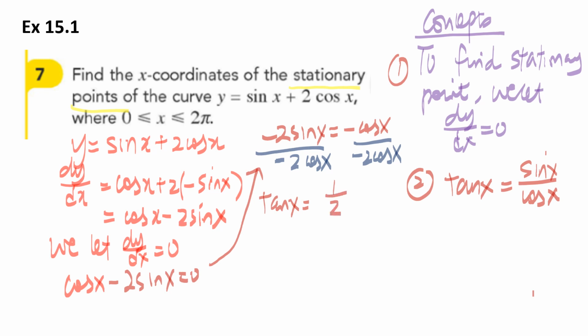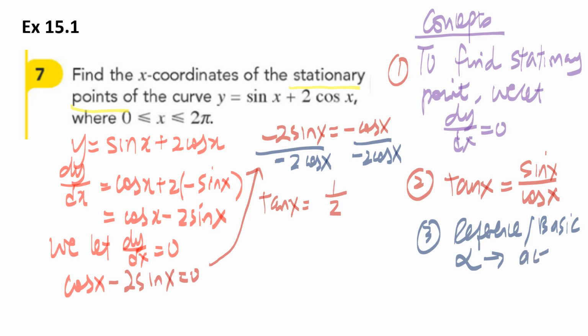Okay, so for solving trigo equations, we need to find this thing called the reference angle. In some textbooks, they call it the basic angle, and the symbol used is alpha. This reference or basic angle alpha is always an acute angle. An acute angle is an angle more than 0 and less than 90.